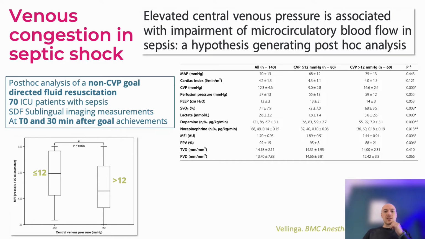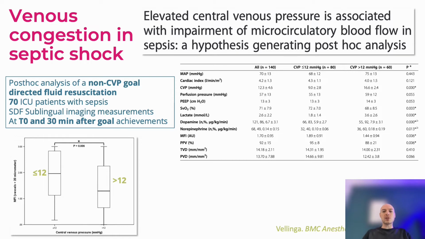Several studies have linked central venous pressure and organ dysfunction such as AKI in different clinical settings. There's actually a paucity of data examining the link between venous congestion and microcirculatory alterations in sepsis. An interesting work comes from Valinga et al.